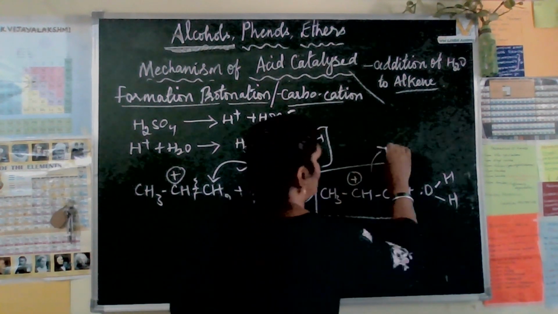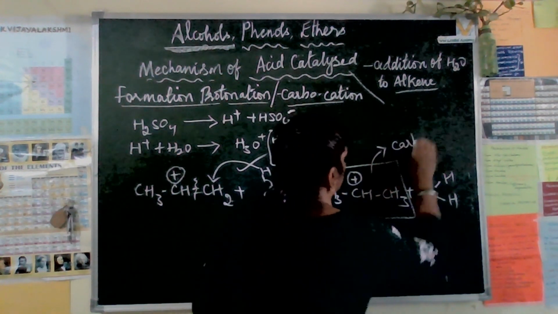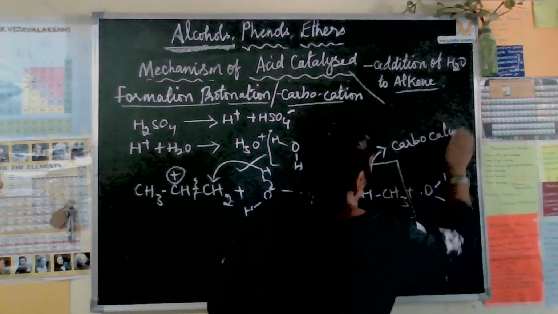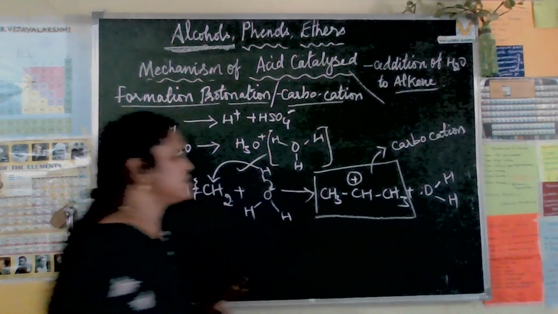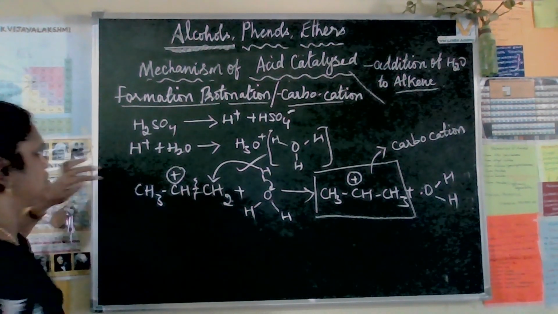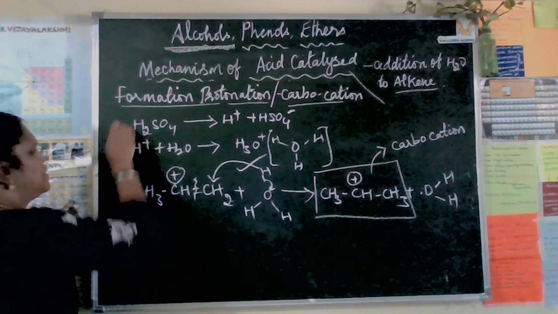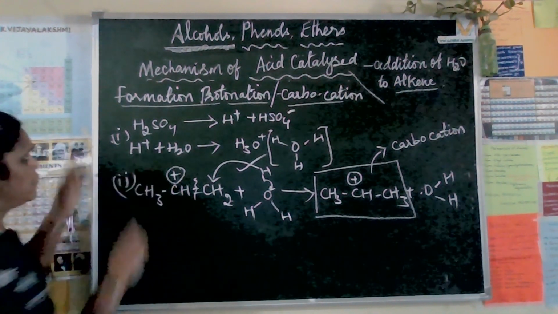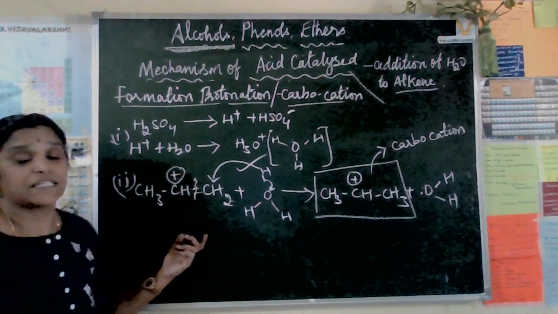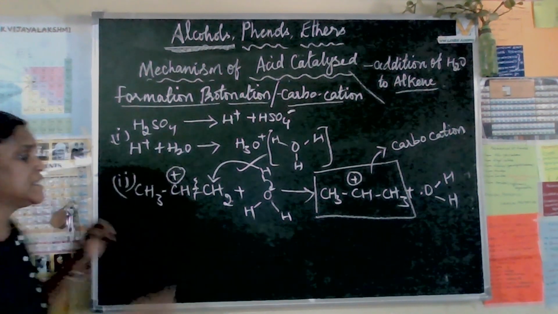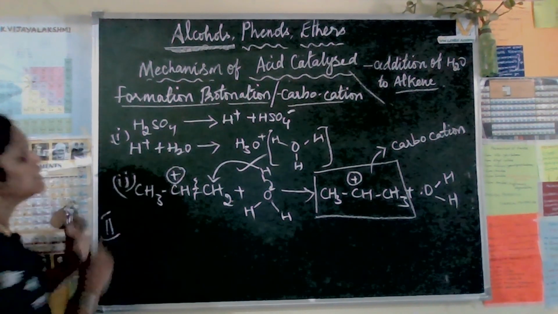This is carbocation. Yes, got it. First step over. So in that first step, it is protonation as well as carbocation formation. Yes. Now the second step, what is it?